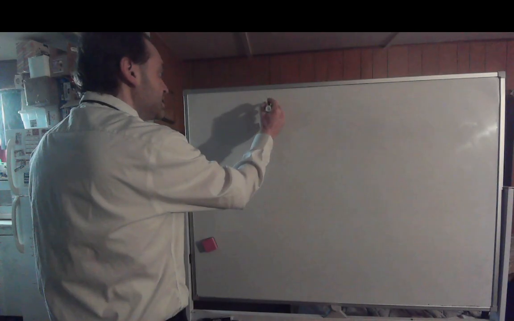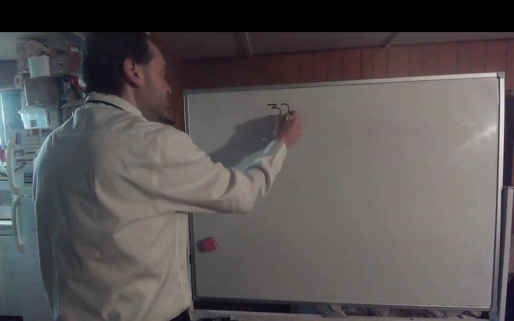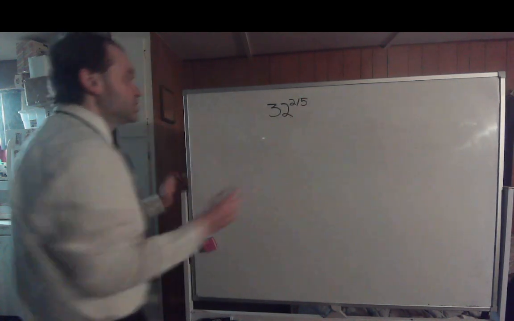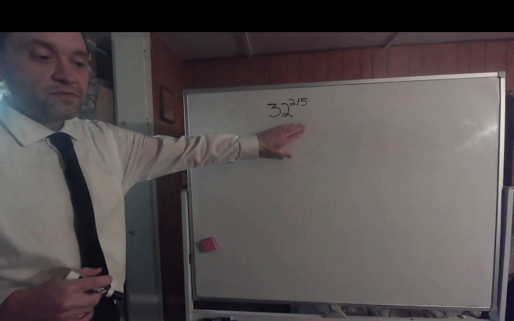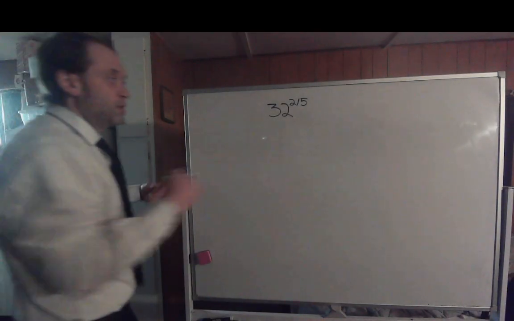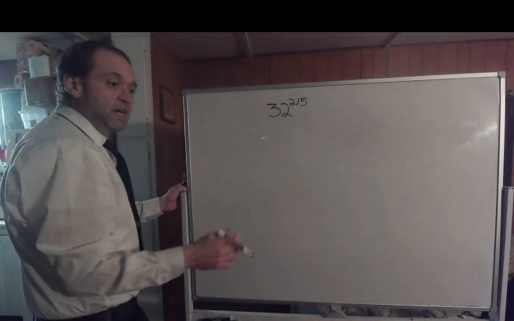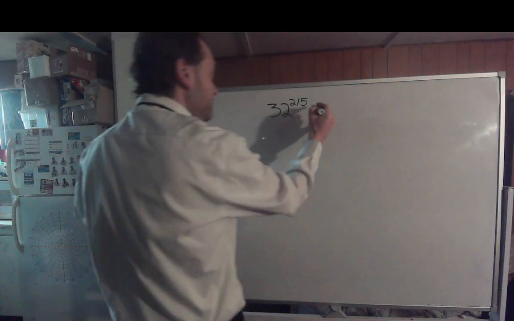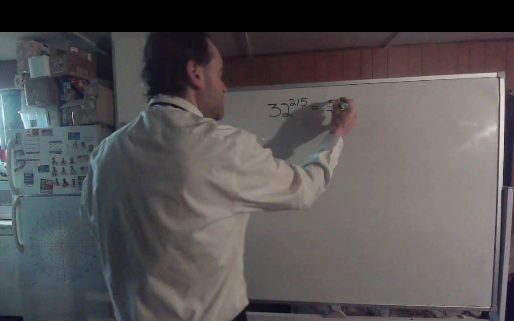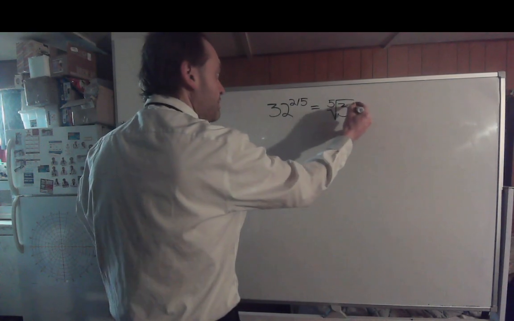Alright, let's say I take 32 to the 2/5 power. Well, what is that exactly? That denominator 5 tells me my root index is 5, which means I'm taking the 5th root of 32.